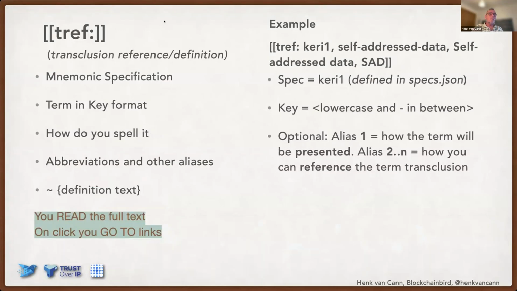The next one is a very important one because that's the tref. We call that a tref because it's a transclusion reference. So, for example, you want to pick the CARI definition of self-addressed data. Then you reference the CARI repo, you use the key, and then you can also specify how you want it to be listed in your own glossary.